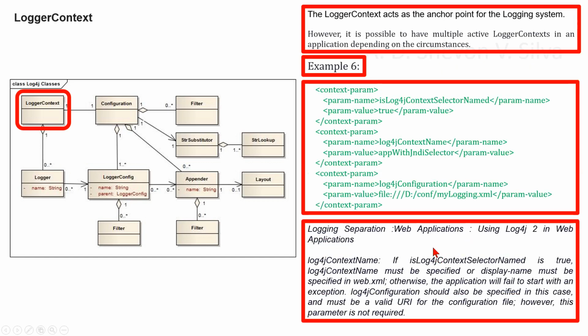Here you can see logging separation in web applications. This is using Log4j 2 in a web application. You can see these are context parameters here.